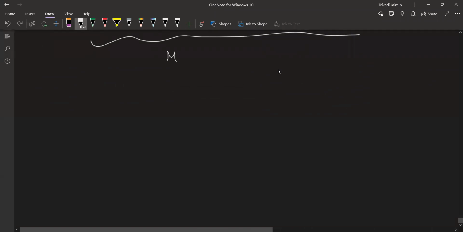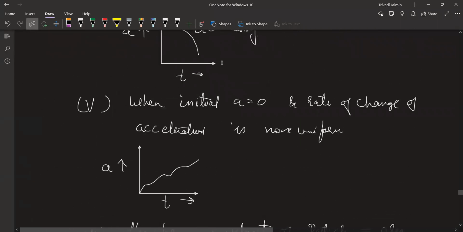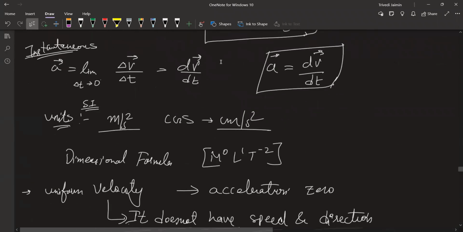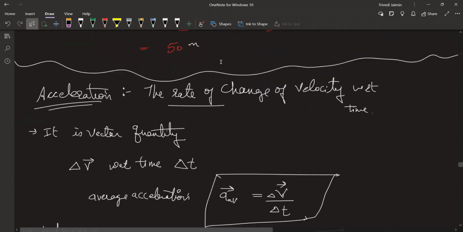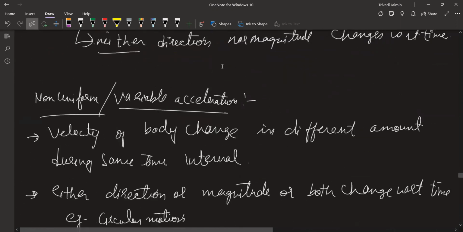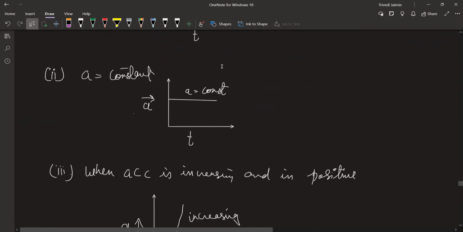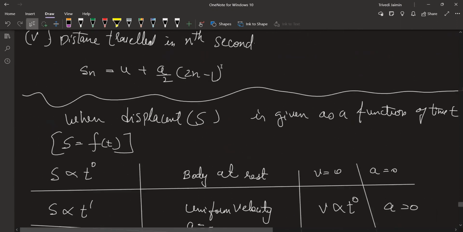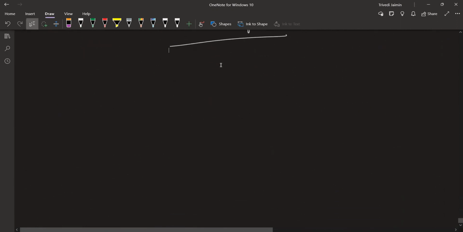So let's summarize this. How we started first: acceleration, motion of body. Uniform, non-uniform, graphs, and these forms.